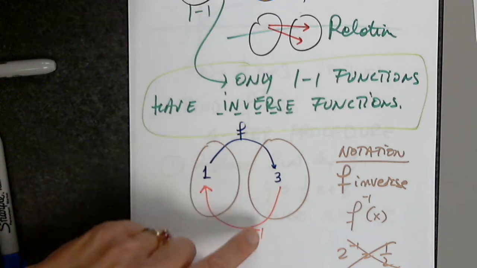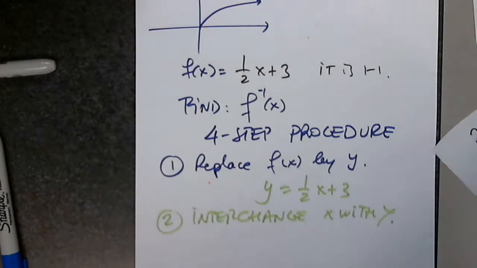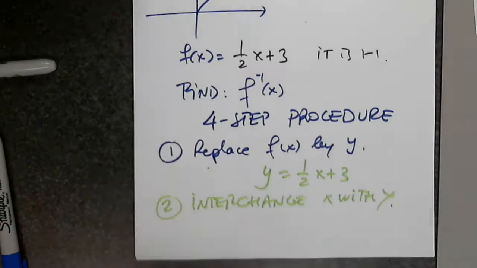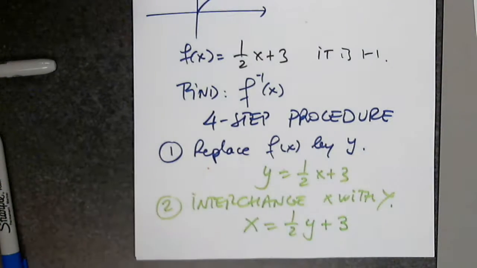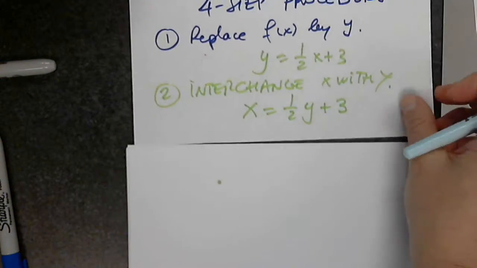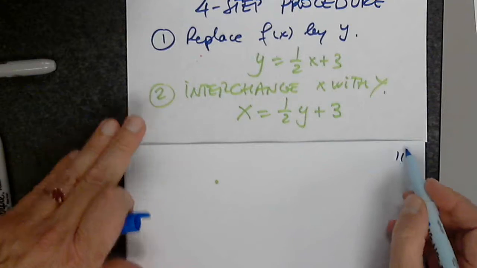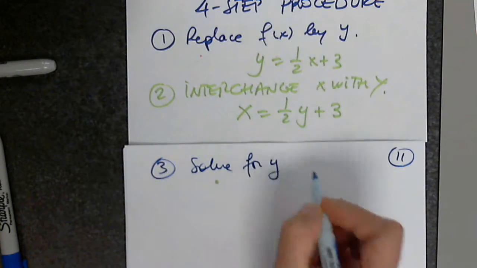What does 3 represent for f? Inverse. Yes. Exactly. That's why I'm allowed to interchange them now. So then I'll say x equals 1/2 y plus 3. In step 3, I'm looking for y. In step 3, solve for y.